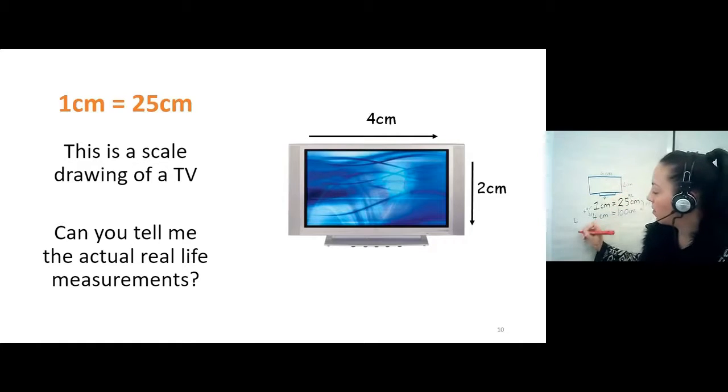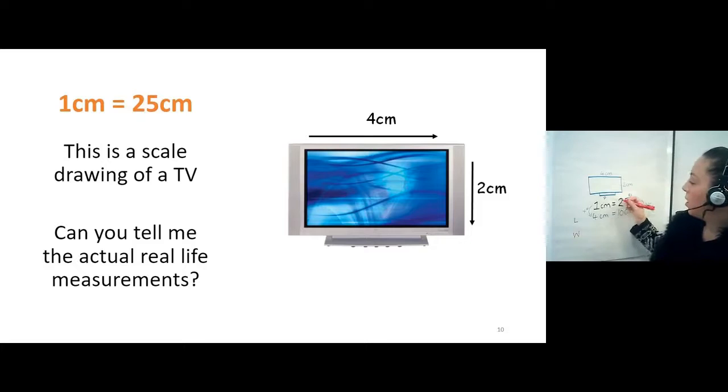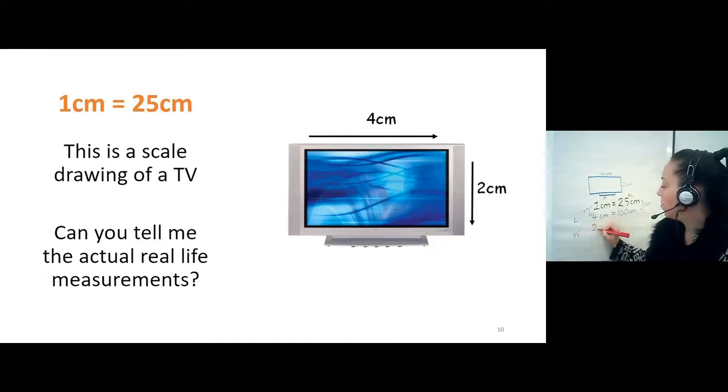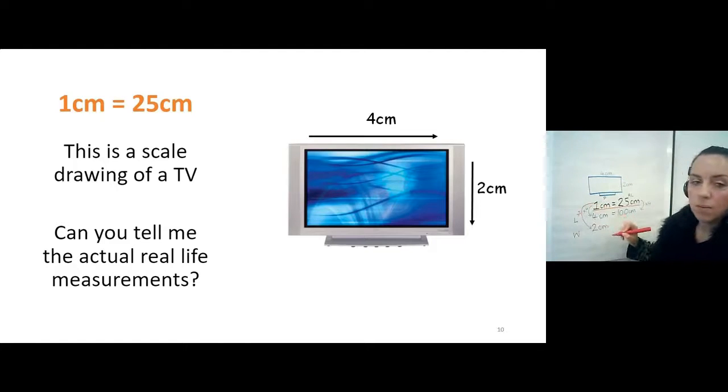But what we could do is the width or the height this time. So we know that the plan length for the height is 2 centimetres. So we use the original scale. We've increased the plan size by 2 because we've gone from 1 to 2, which is double the amount.